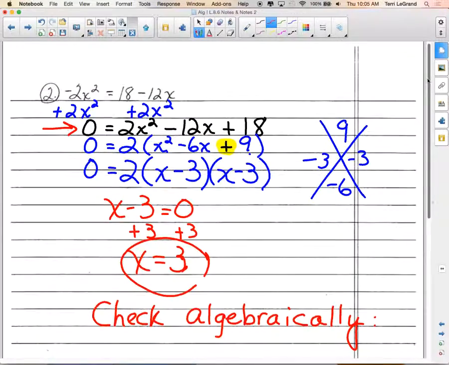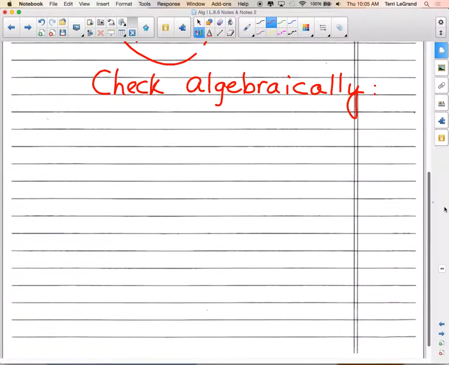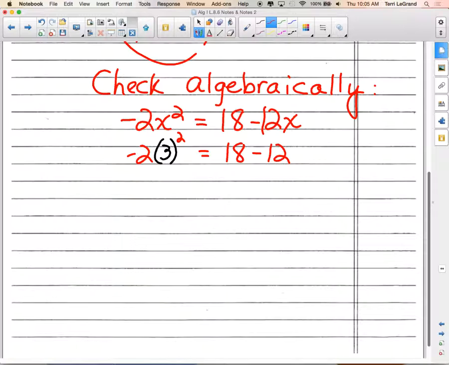So negative 2x squared, we do it exactly in the one it started in. Negative 2x squared equals 18, is it minus 2x? Minus 12x, okay. So we're going to put 3 in both places where our x is. And let's try not to use our calculators to do this.